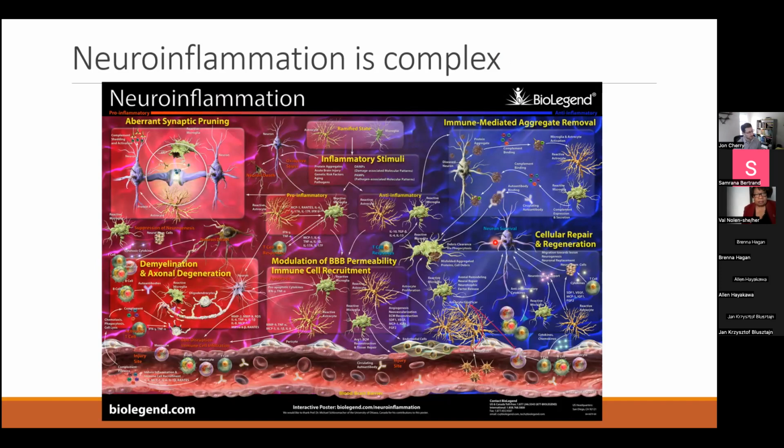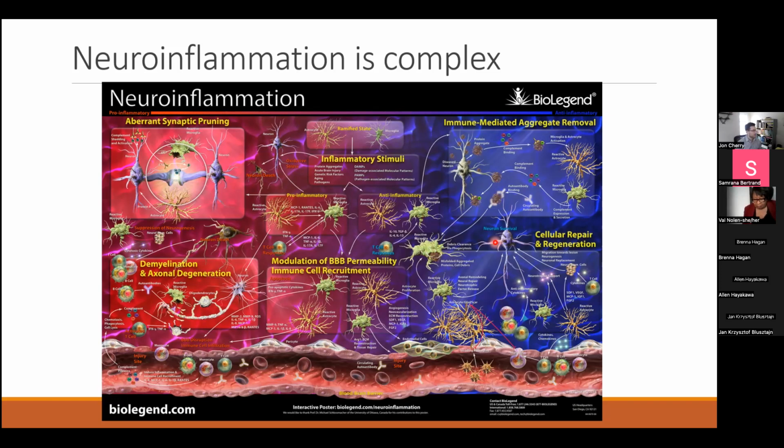Pro-inflammatory, anti-inflammatory, blood-brain barrier activation, repair, regeneration. All of that's neuroinflammation. And before we really were working on neuroinflammation, we were looking at one or two different things, like I mentioned, CD68 and IBA1. Those are very, very general markers, and we're not really able to understand the complexities of the inflammatory response when looking at one or two different things.